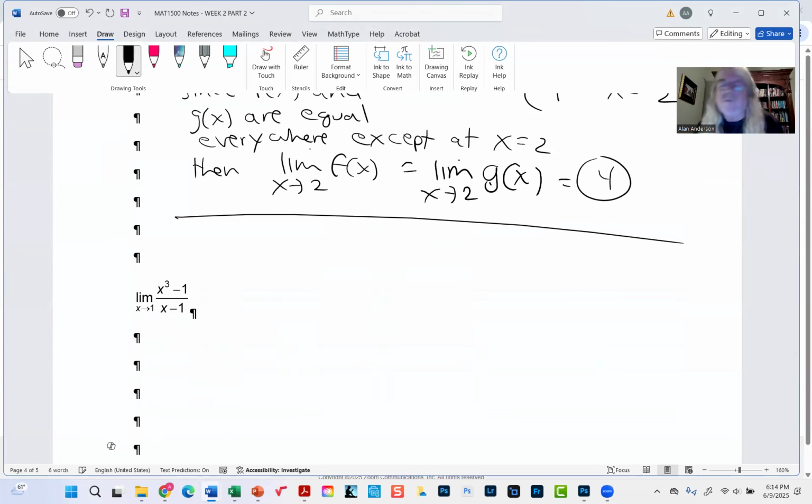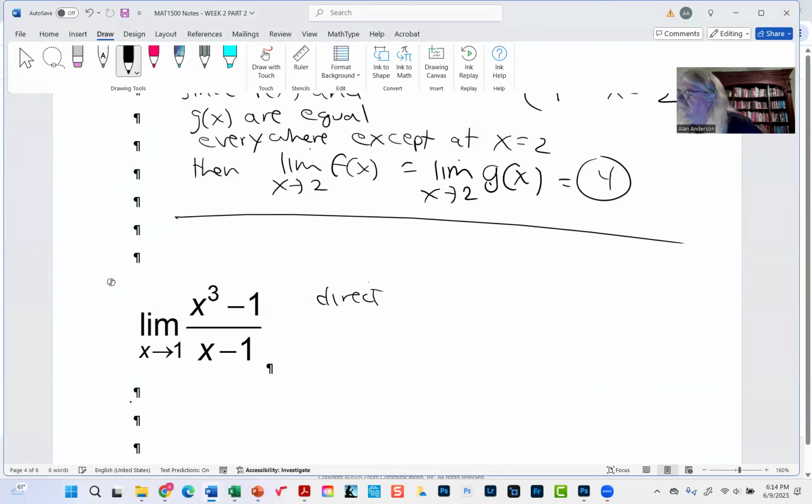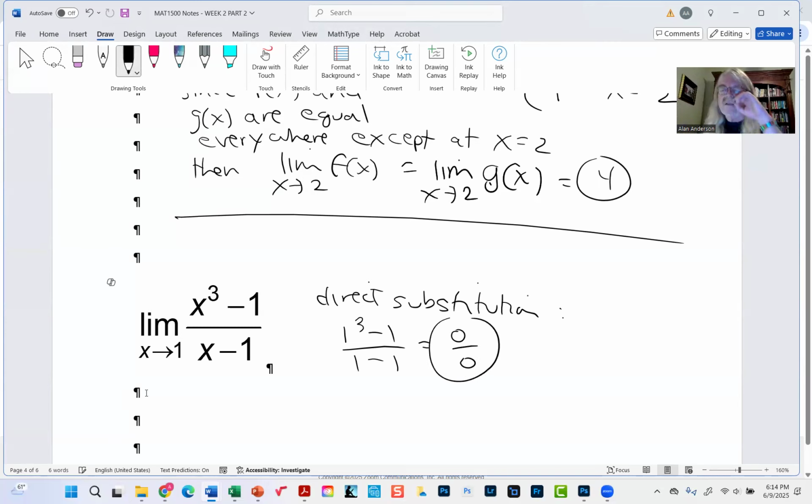And you can see the problem here, direct substitution leads to division by 0. In fact, 0 over 0. Okay, so obviously that's a problem.